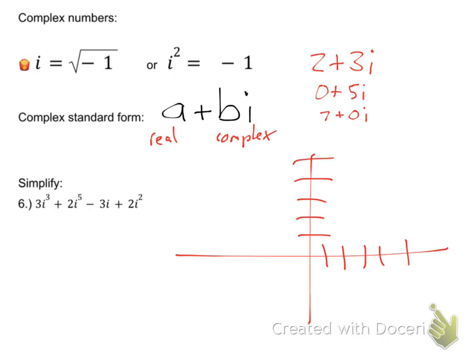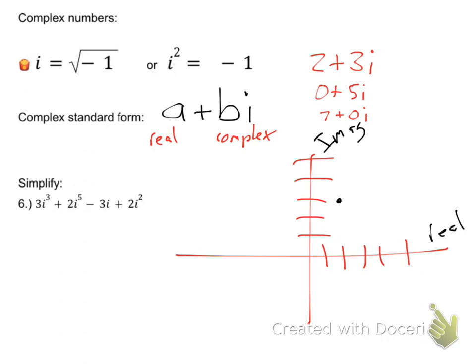Instead of a standard xy plane, this is the real axis and then the imaginary axis. The real part is your x, the a values. The imaginary is the b value, and that goes up and down. So if I wanted to plot the point 2 plus 3i, I go 2 over and 3 up.